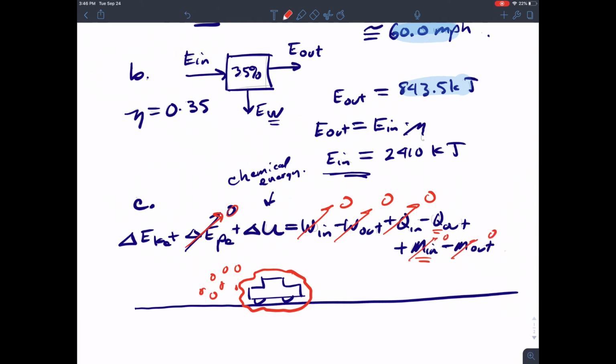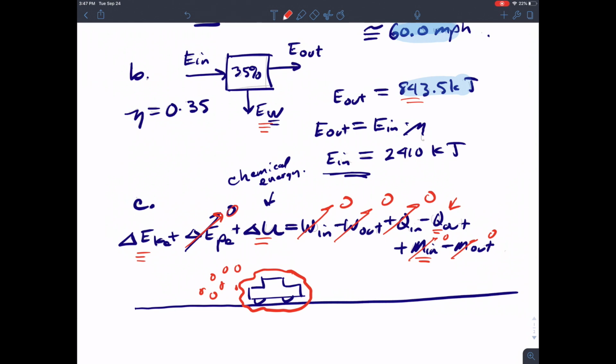That leaves us with the change in kinetic energy. We went from 0 to 843.5 kilojoules by burning chemical energy, and all that chemical energy had to come from the fuel, the delta U. The wasted energy in this case was the heat coming off of the engine.